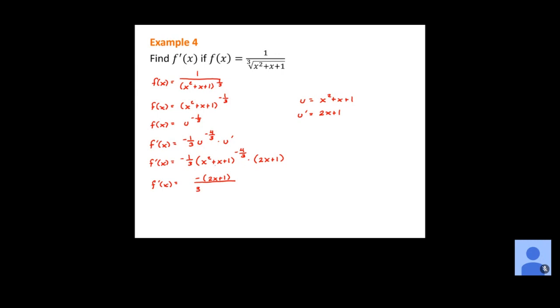And then everything in parentheses here to the negative 4/3 gets moved to the denominator to become a positive exponent. And so we get something that looks like this now. Any questions on that one now?